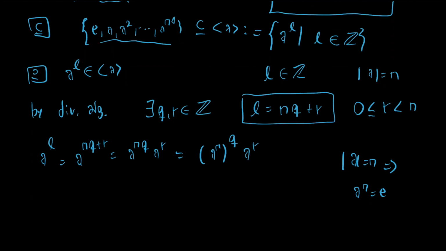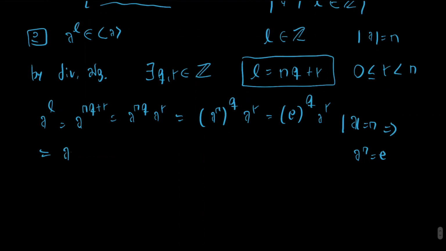But A to the n to the q is just the identity to the q, the identity of the group, to the qth power times A to the r. But this is just A to the r, because the identity times itself is the identity, and the identity times itself q times is, of course, the identity again.